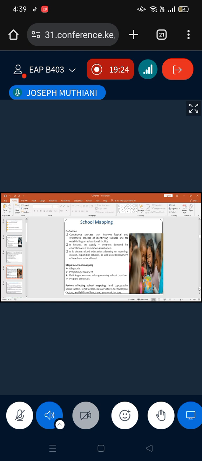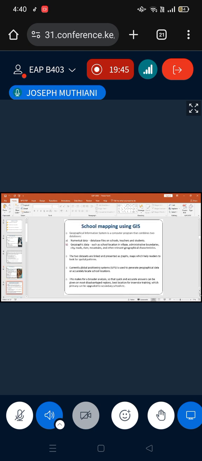Or even, are you able to communicate with other schools or other places? That's very important. Then also availability of funds and economic factors. Do you have the funds to put up that school? So those are the factors that we consider when we want to expand our educational facilities, or when you want to construct or put up an educational facility.